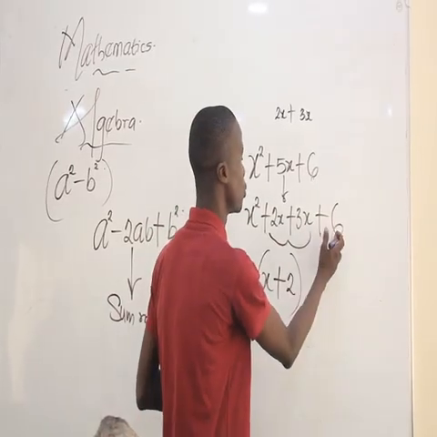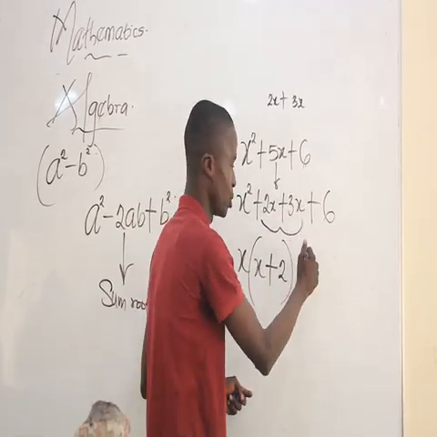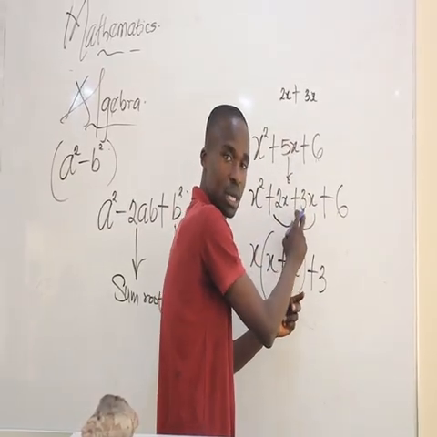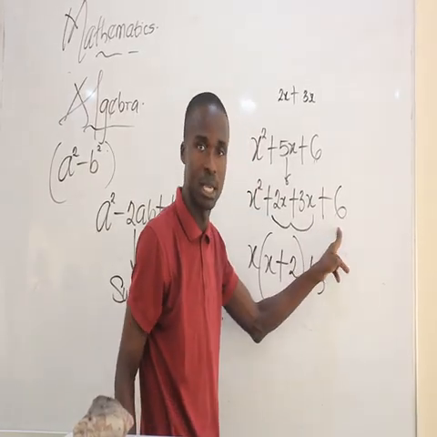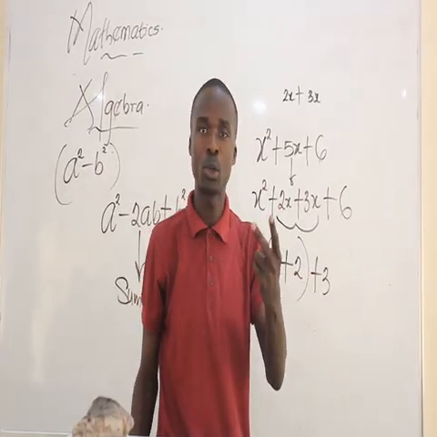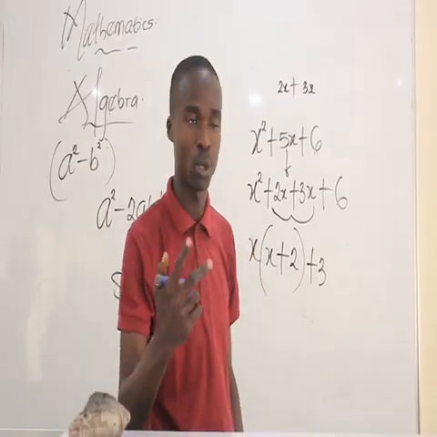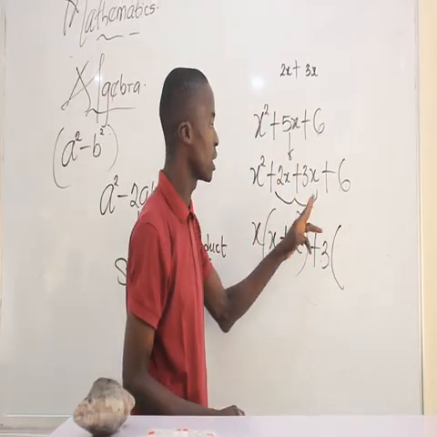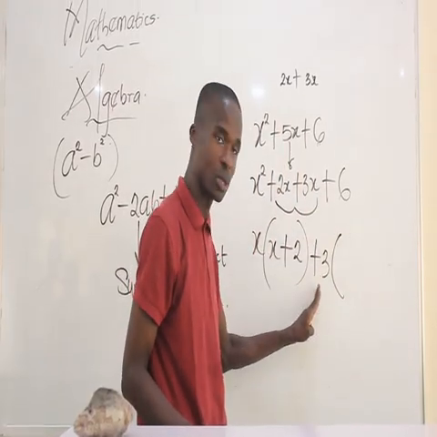Now what's common between these two? What is common between, you have plus 3. You can find plus 3 here. You can also get plus 3 here. That's 2 of it. 3 plus 3 will give you 6 plus 6. So you have another bracket. What's common between this has been brought out.